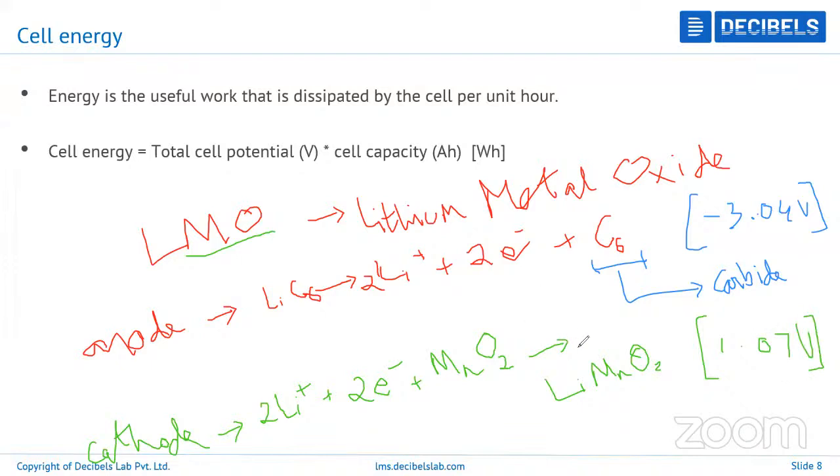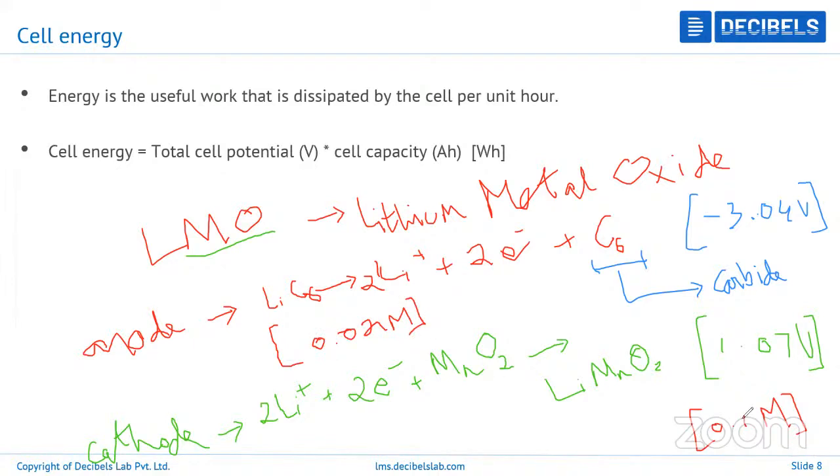I'll also provide the concentration and the molecular mass. The concentration for lithium manganese dioxide is 0.1 molar. At the anode, for lithium carbide, the concentration is 0.02 molar.